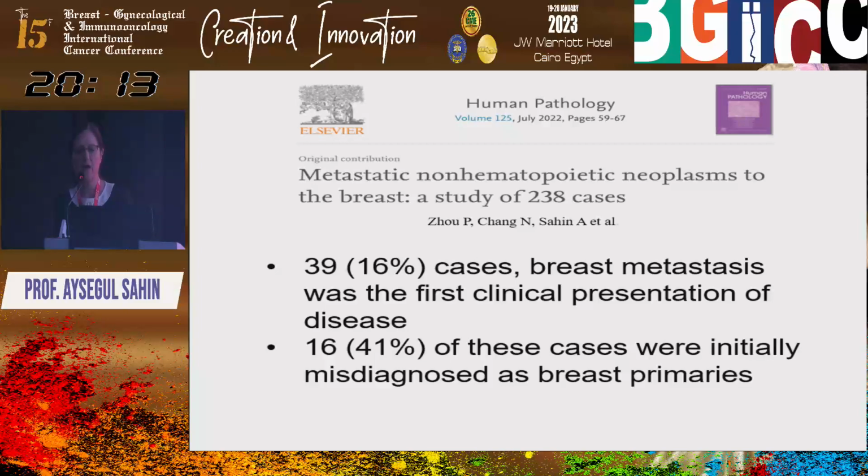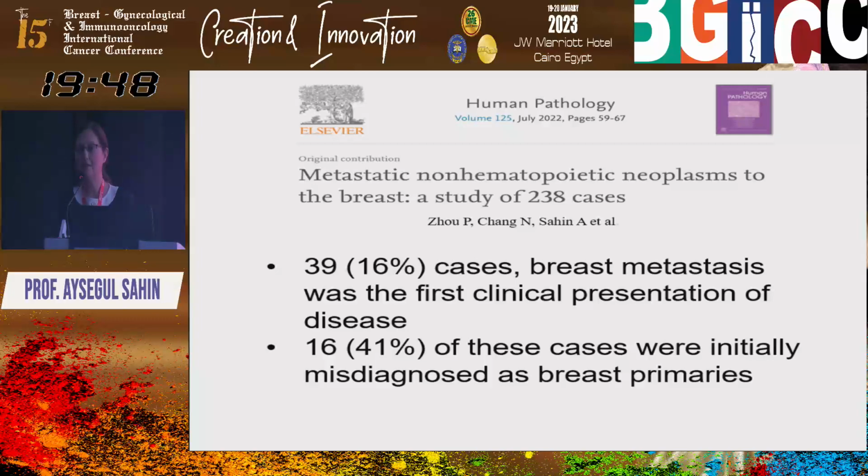And this is our study that we published last year. In that, in 16% of the cases, the breast metastasis was the first clinical presentation. And of course, I'm not very proud of this, but this is the reality. In 41% of these patients, our initial diagnosis was wrong.